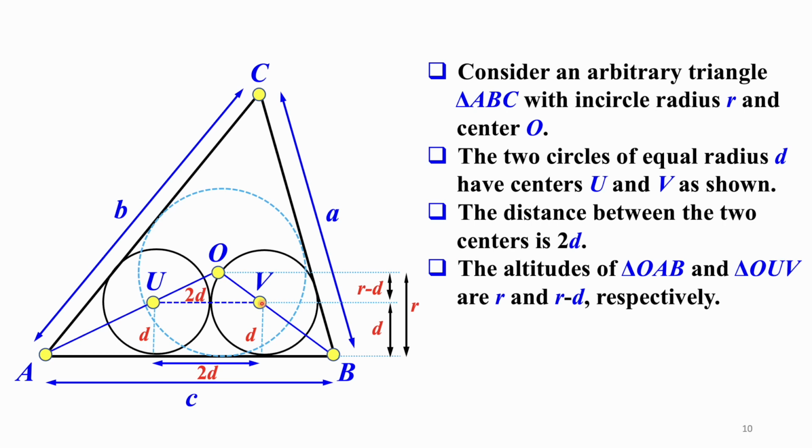The distance from the center V to side C and the distance from U to side C are equal. Both are D's.